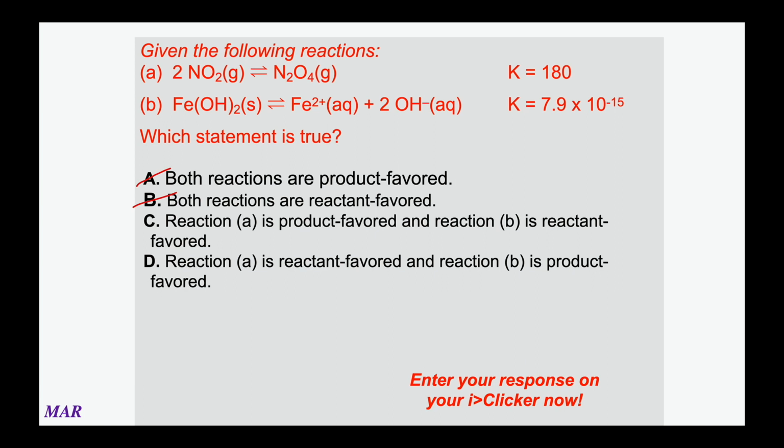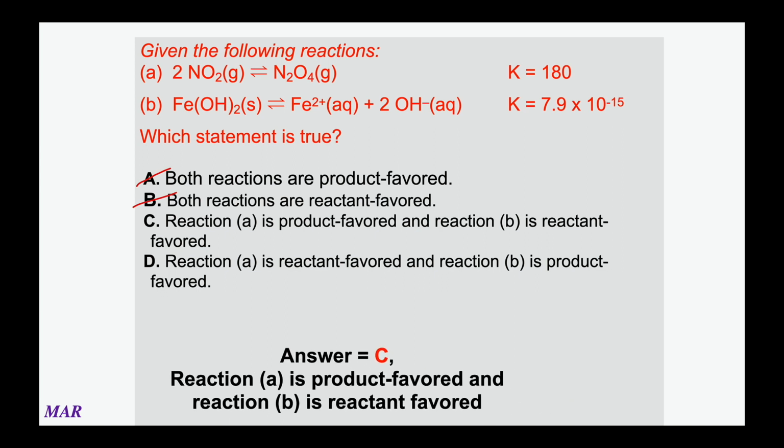So if you look at C, it says reaction A is product favored, reaction B is reactant favored. That sounds good to me. Answer C would be correct. And again, to answer this problem, you literally look at the value of K. If K is larger than 1, product favored; K less than 1, reactant favored. Pretty chill.